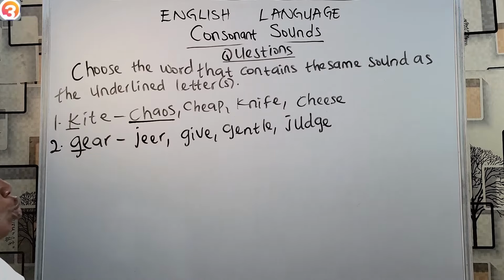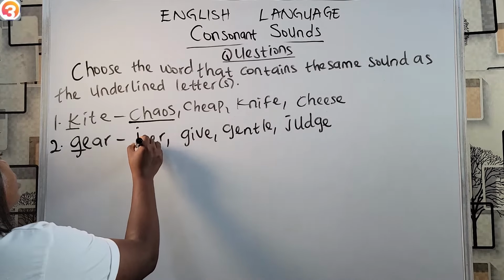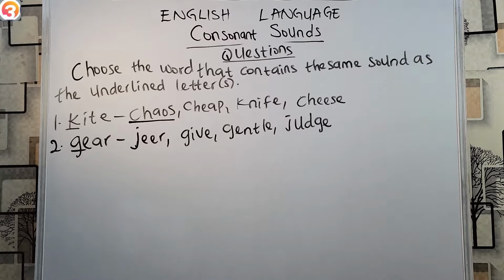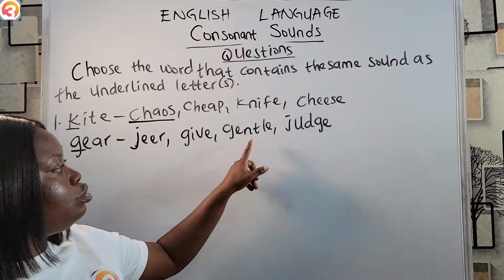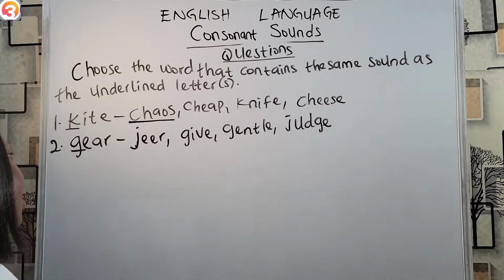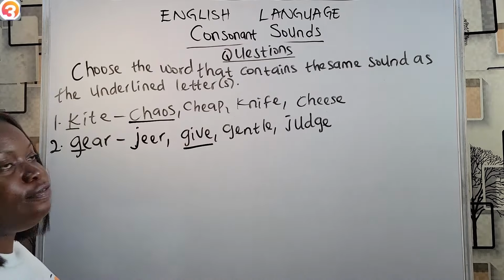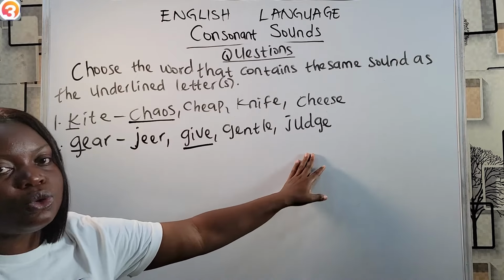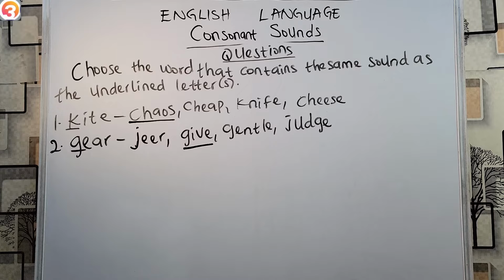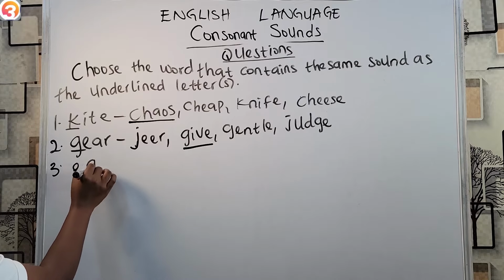So from the options, we try to look for which one also contains the g sound. This is gear, not gear. Gear, give, gentle, judge. So here we have gear and give. These other words do not contain the g sound. They contain different sounds entirely.